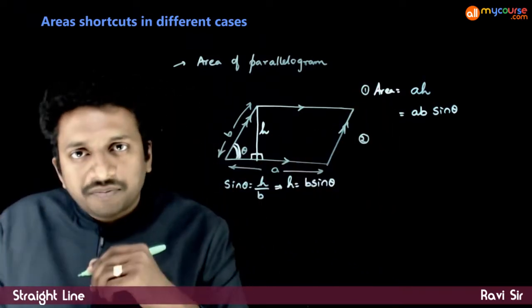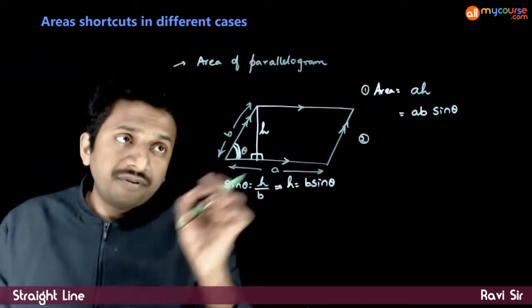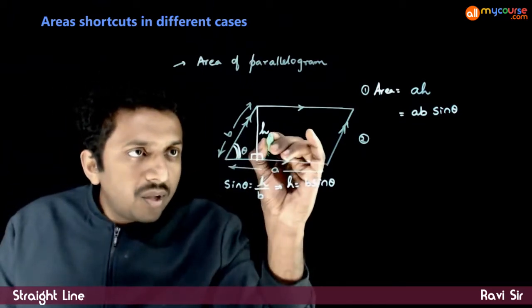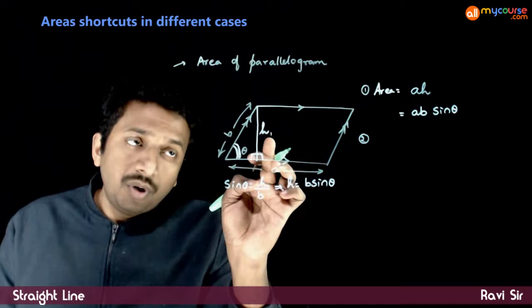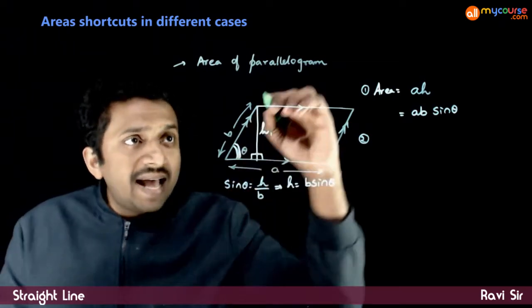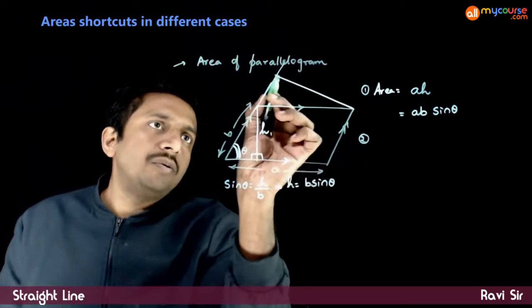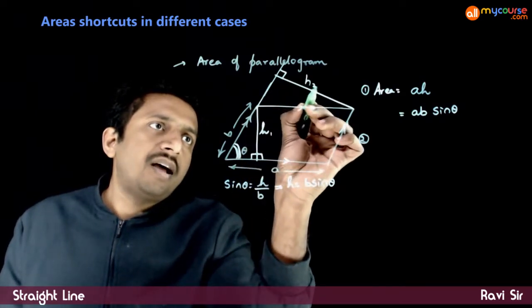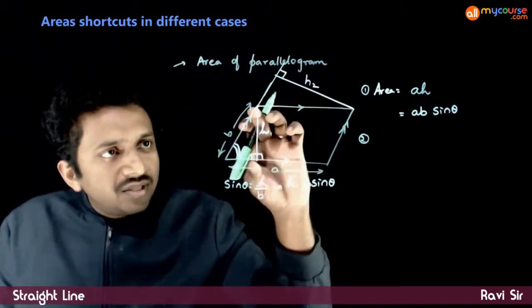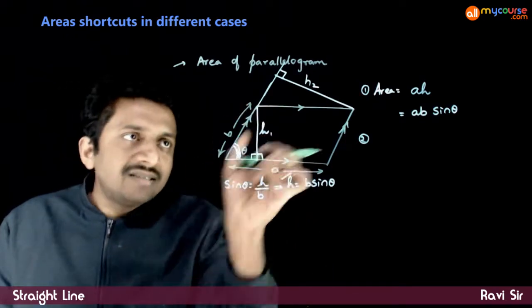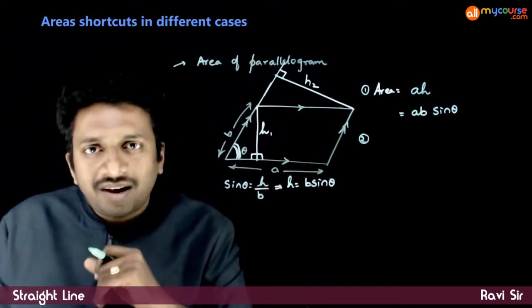The next formula: if you know the height h1, and if you extend this, you can also find height 2. This is the distance between these two parallel lines, and this is the distance between these two parallel lines.